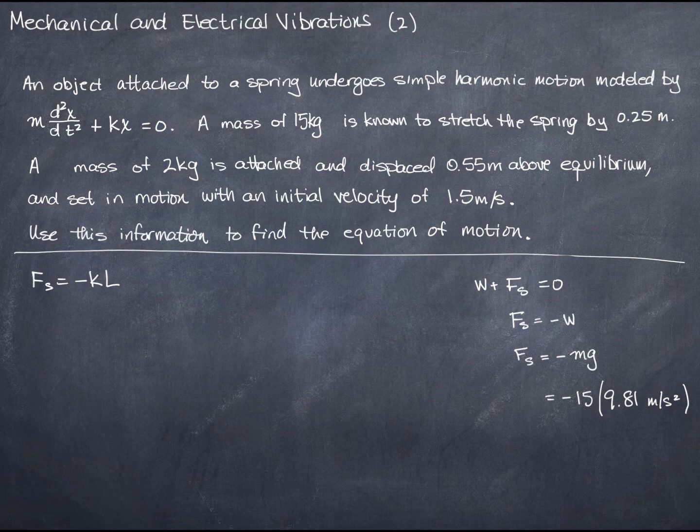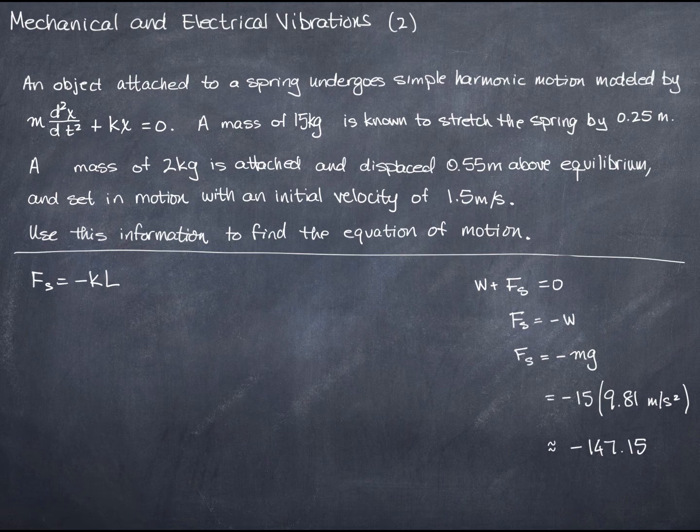You may have learned 9.8, that's fine. In the problem that I'm modeling here, the instructions actually told me to use this constant as an approximation for acceleration due to gravity. So I'm using that specifically because I was told to use that level of accuracy. If I work this out on my calculator, I get approximately negative 147.15.